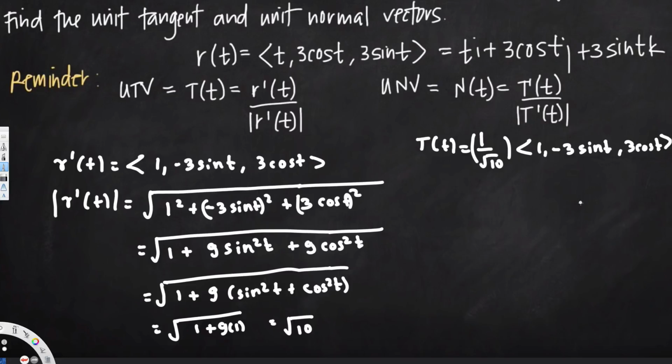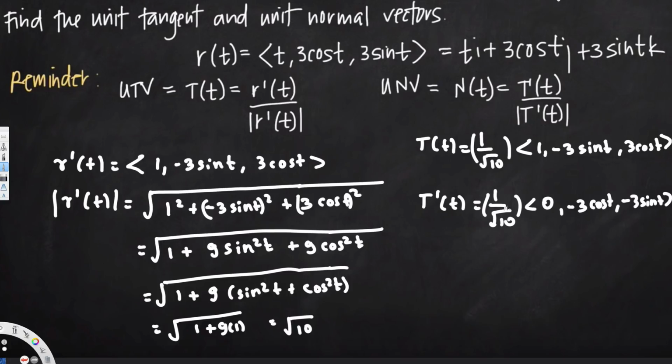Now the next thing is we have to find the unit normal vector. To find it, we have to find the derivative of this one, and that's going to be the normal vector. We can keep the constant outside as it is, because we don't have to do anything to a constant. So we keep 1 over root 10 and take the derivative of this one. Derivative of 1 is 0, derivative of negative 3 sin t is negative 3 cos t, and derivative of 3 cos t is negative 3 sin t.